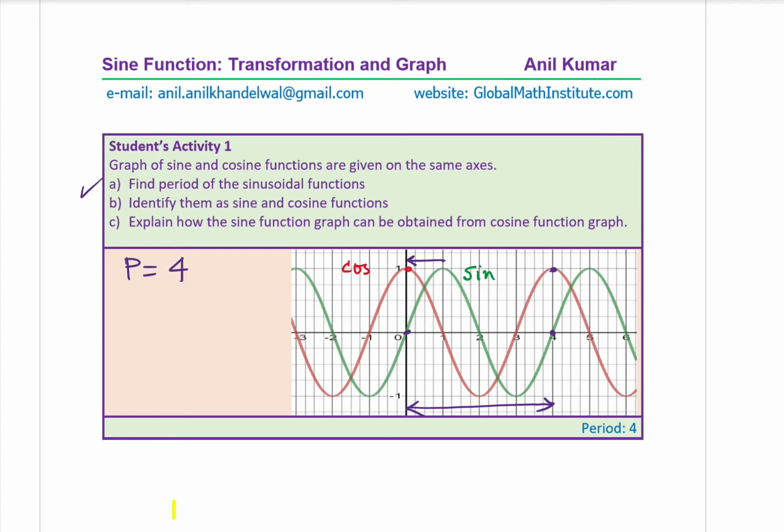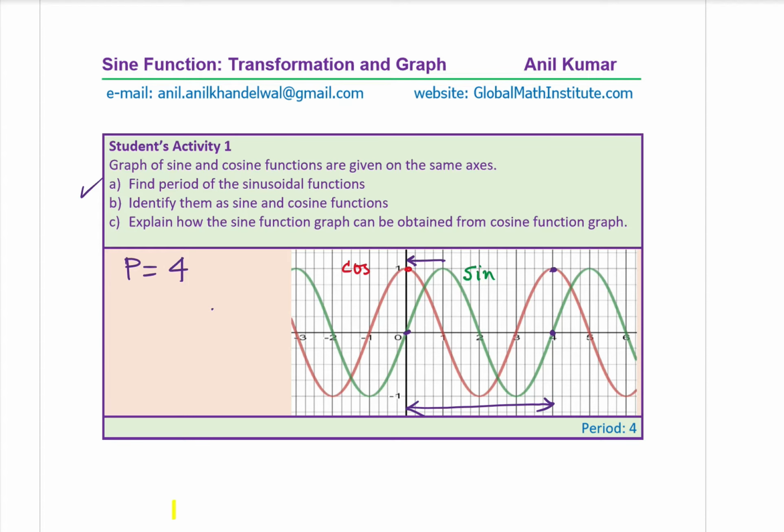When we say period is 4, which we've just found, we have also explained how the sine function graph can be obtained from the cosine function. So we can write this as cos of x is equal to sine of, well, we should take care of the period first. So it is not necessarily x.